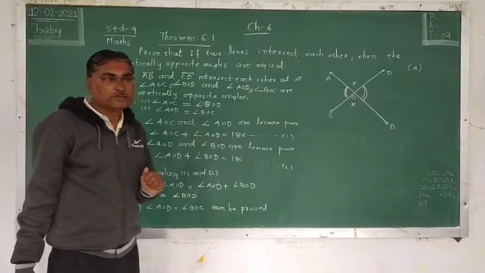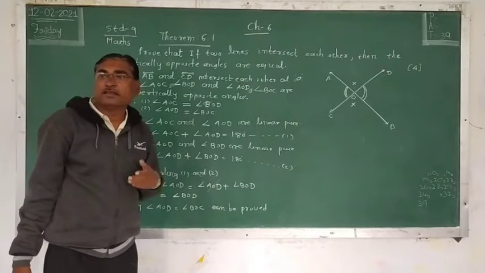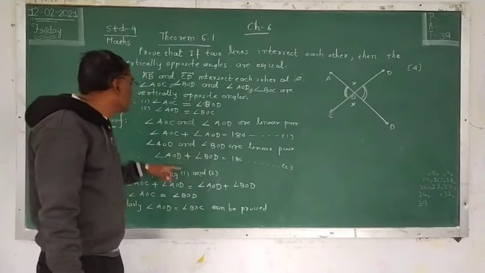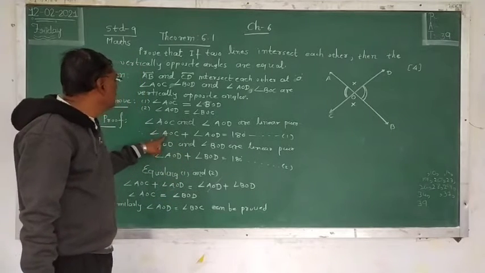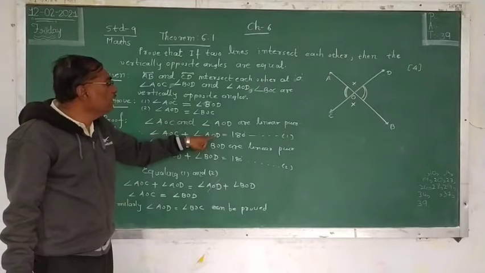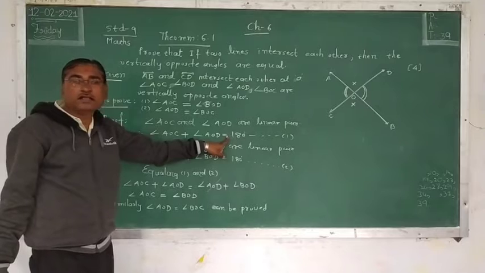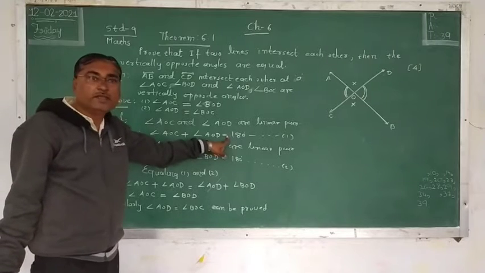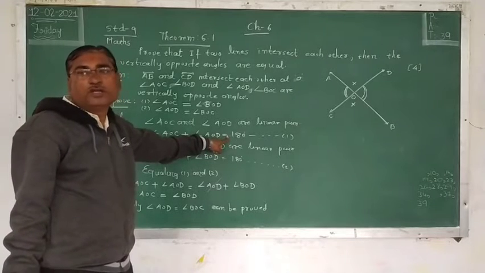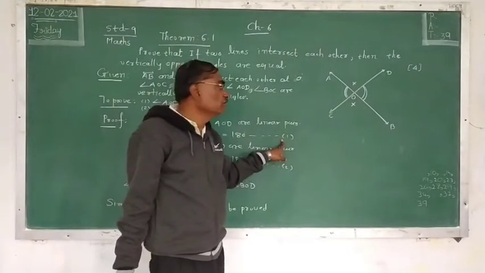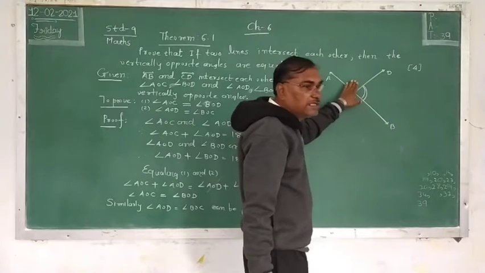Now we know that linear pair angles are supplementary, the sum of the two angles is 180 degrees. So angle AOC plus angle AOD equals 180 degrees. Give it result number 1.